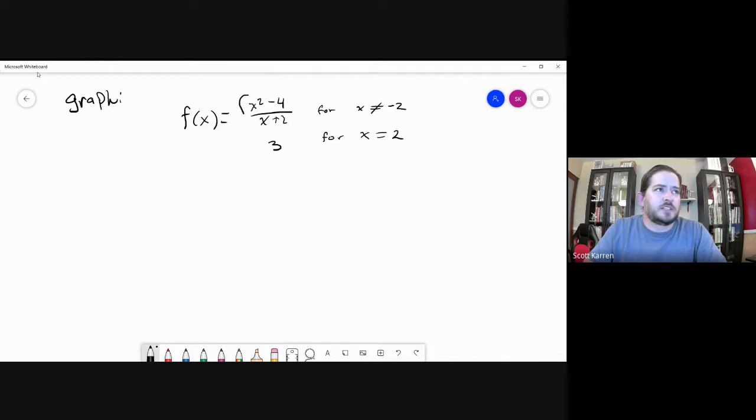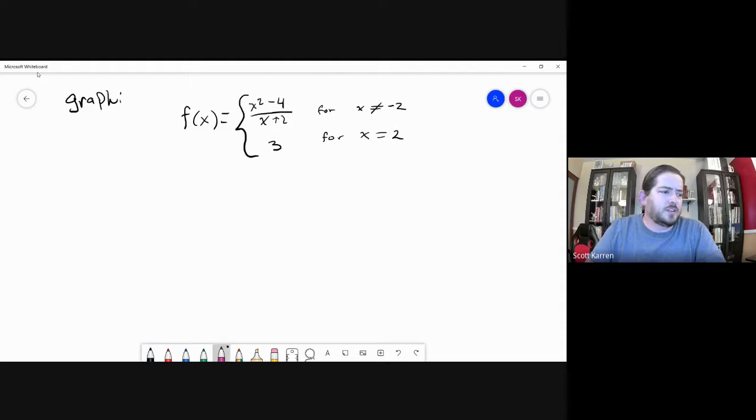And you can see why they chose to define it differently at x equals negative 2, because if x is negative 2, I get a 0 in the denominator here, right? And we don't like to see that. So what I can do is take a look at what happens with this x squared minus 4 over x plus 2.